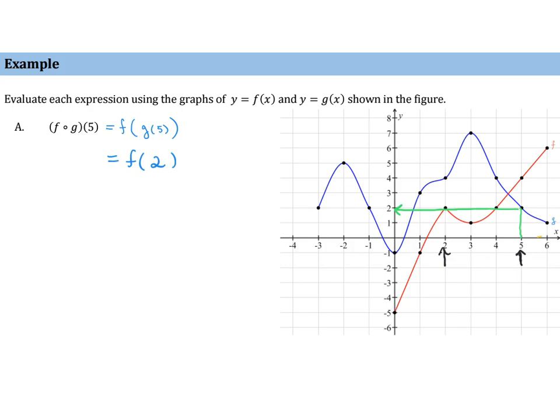So f of 2 will be found by using, in this case, the red curve. So we'll go to the red curve, and the output will be 2. So f of 2 is 2. Now we will do the same thing. We're going to look at g of f of 1.